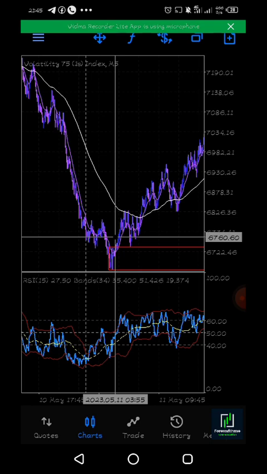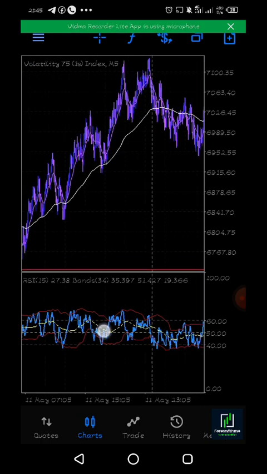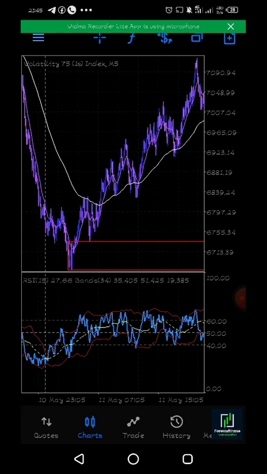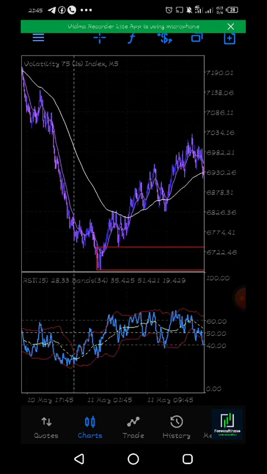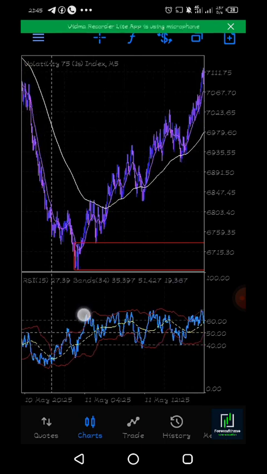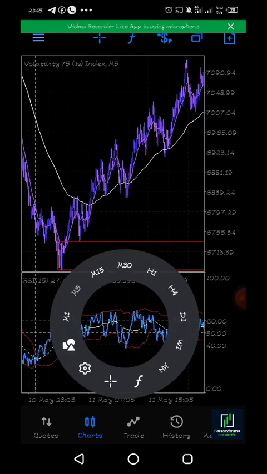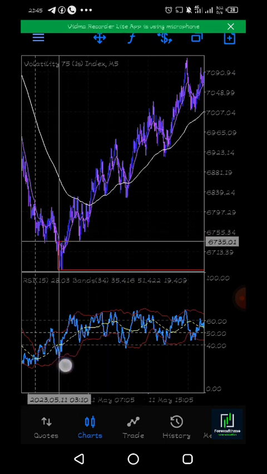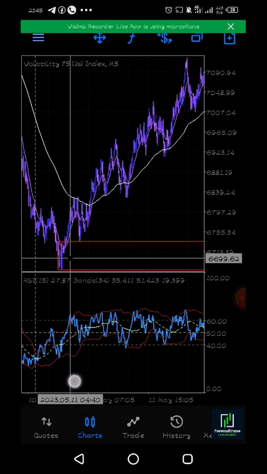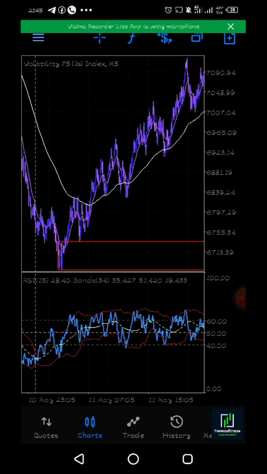If you have not checked how to take trades or how to draw your support and resistance, please go and check my video on how to draw support and resistance using moving averages. The same idea of what I taught you is what I'm using here. I use this smaller moving average around here to draw this support and resistance level. So that was what I did.